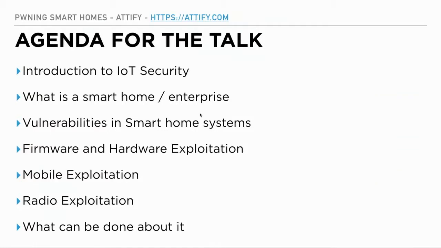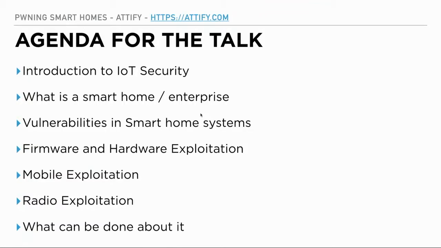Now, the agenda of this talk is to look into each of the various aspects of IoT devices. Whenever we talk of an IoT device, it is not just a single component. Unlike your typical web application security or network security, IoT is much more complicated. I wouldn't say complicated, but it consists of a lot more components.